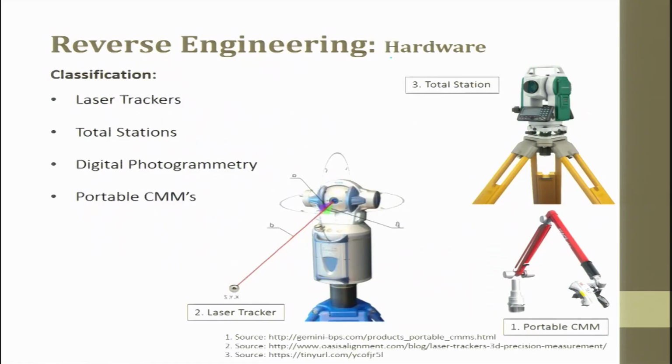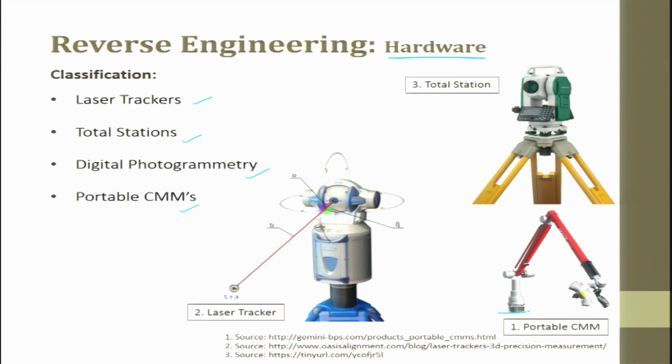When you look at the hardware, they are classified into four types. One is laser tracker, then total station, the third one is digital photogrammetry and the last one is portable CMM. This is what a portable CMM is.